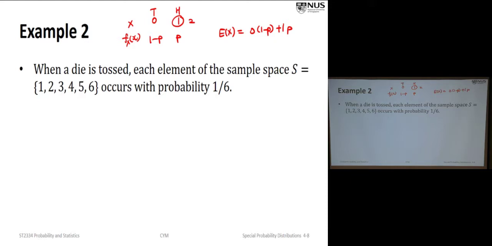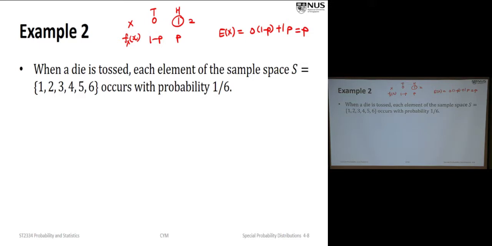Right? Any other values? No more, because this only takes 2 values. It is still a random variable because it takes more than 1 value. If it's one value, it's not a variable. So this is equal to 0 plus 1 times p, which is p. So the expectation of x equals p.